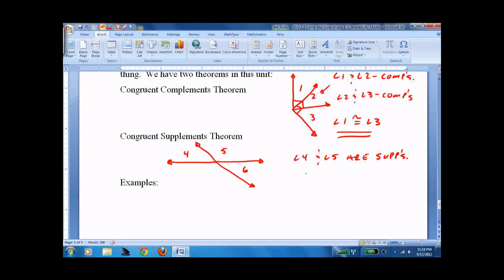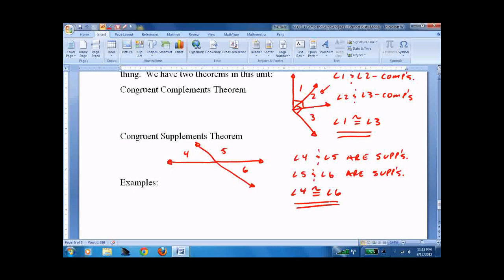Means they add up to 180. Angle 5 and angle 6 are supplements. Therefore, angle 4 is congruent to angle 6. And that's just what the theorem says. If two things are complements of the same angle, then they're going to be congruent. If two angles are supplements of the same angle, they're going to be congruent.